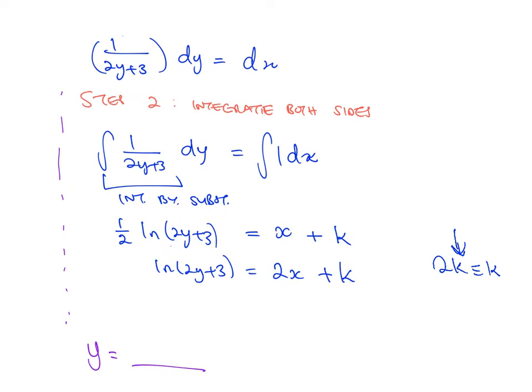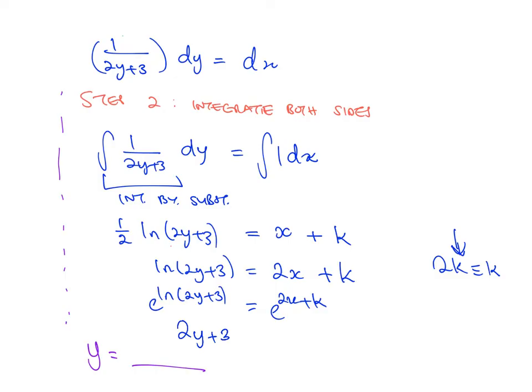Now what I can do is raise both sides to the exponential function. And once I do that, I understand the concept of the natural log and the exponential function being reciprocals. So what I'm left with on the left-hand side is just 2y plus 3.